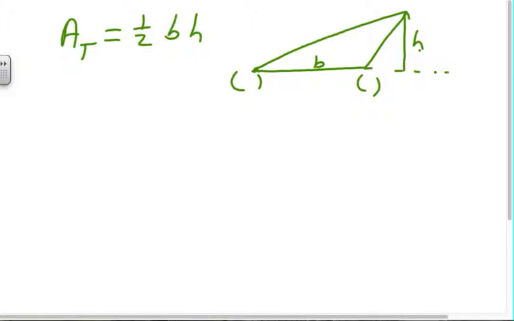This one lies outside, there's your height. If I give you coordinates of these, then obviously the way you find the length of your base is to use the distance formula, and you need to do the same thing over here. Now, this x is going to be the same as these ones, and its y will be the same as this one. And then all you have to do is plug that in and get your answer.